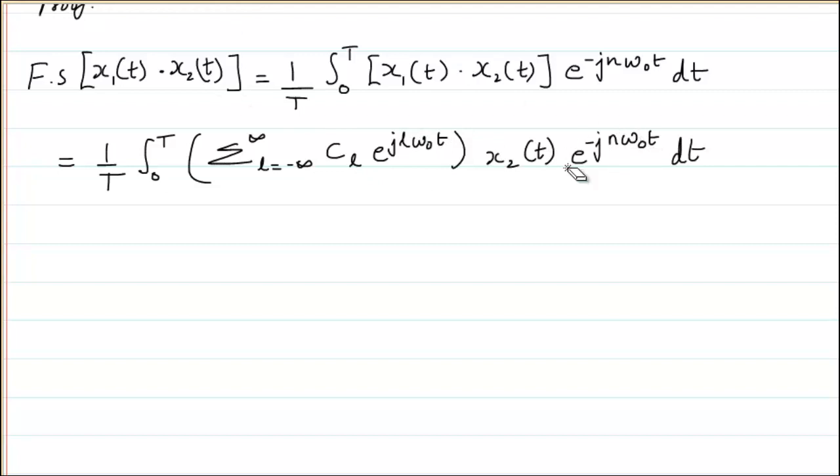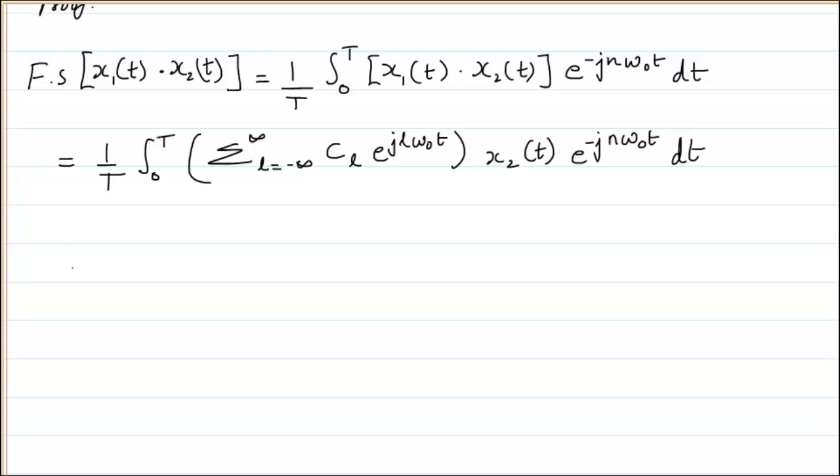Now you can see here that these two have the same values, only thing is that here it is L and here it is n. So I can combine these two exponential functions together, and since this much portion is with respect to L, I will take that portion outside since it's not going to be integrated. So first I will take it outside.